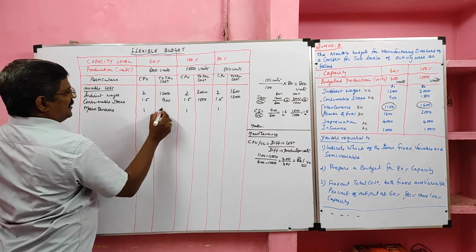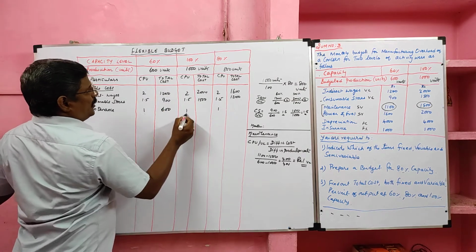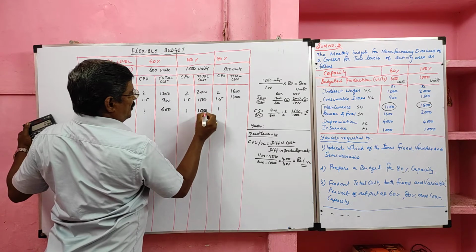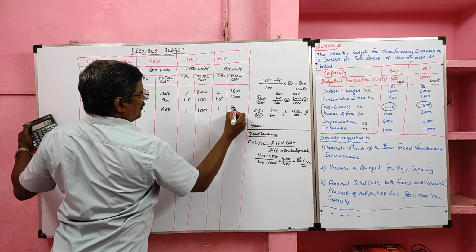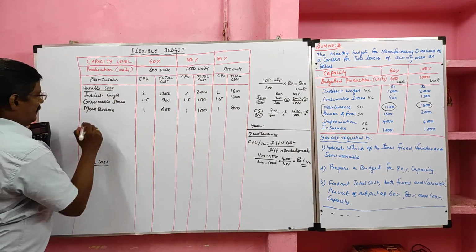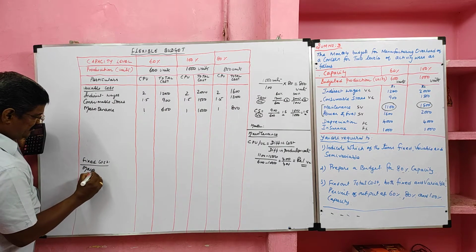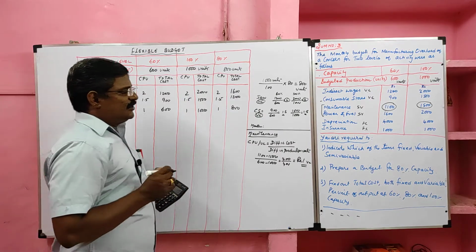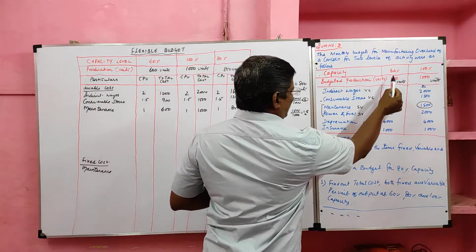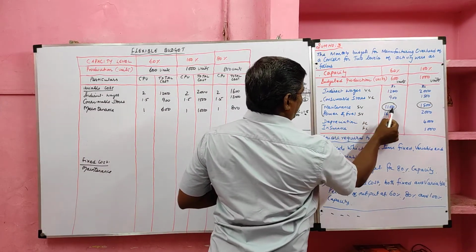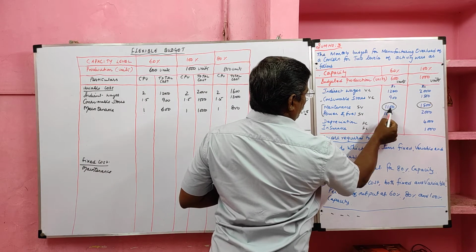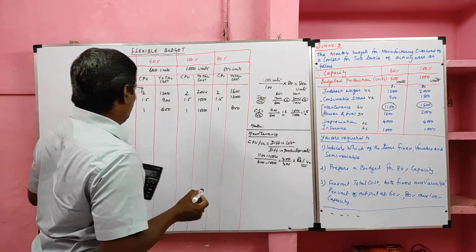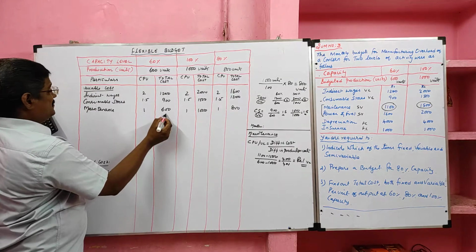1 into 600, 600 rupees. 1 into 1000, 1000 rupees. 1 into 800, 800 rupees. Then maintenance fixed cost. Students, total cost incurred for maintenance at 60% capacity, how much? 1100, of which 600 rupees is variable.